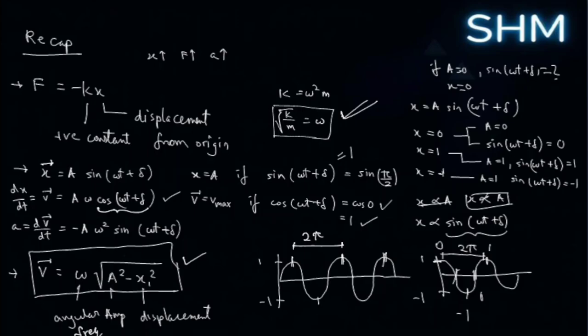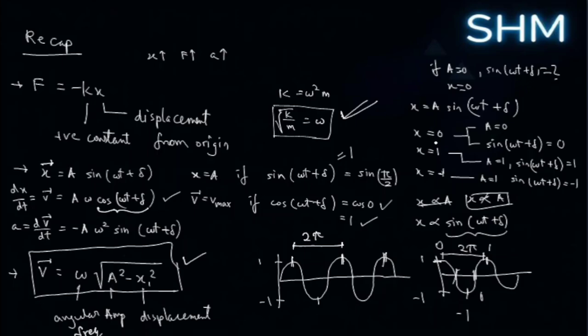And whatever else is mentioned here, since we discussed the maximum value of x equals a if sin(omega t plus delta) equals 1, but the minimum value of x can be 0 if either a is 0, the amplitude is 0, or sin(omega t plus delta) is 0. Under what conditions can it be 0?